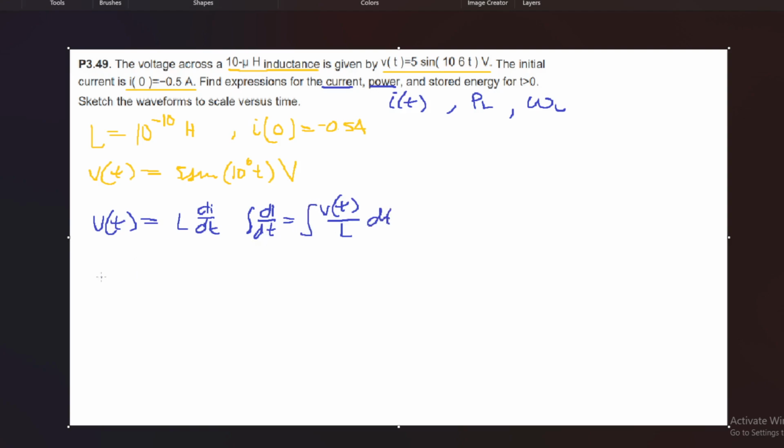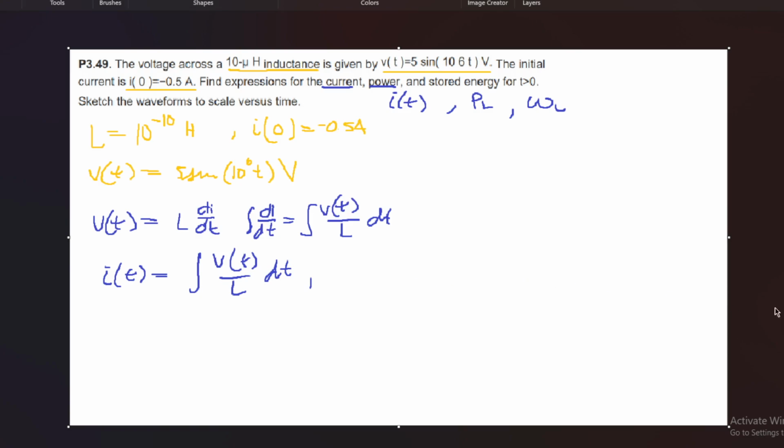So this cancels this, and this is just going to give us I of t is equal to the integral of V of t over L dt. And then let's plug in our knowns.